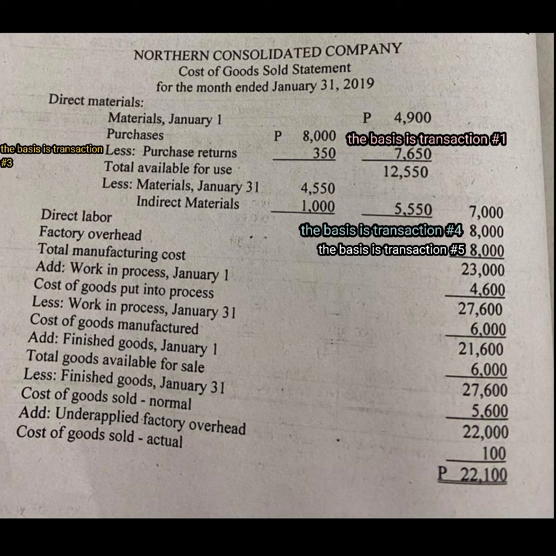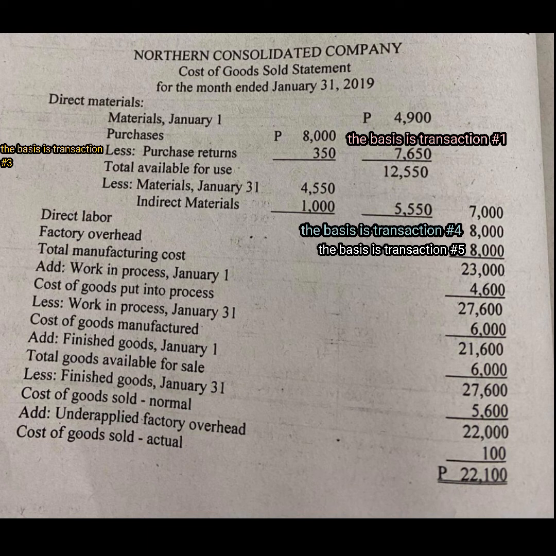And the indirect materials amounted to 1,000 pesos. So, 4,550 plus 1,000 pesos, we have 5,550 pesos. So, 12,550 pesos minus 5,550 pesos, we have 7,000 pesos.